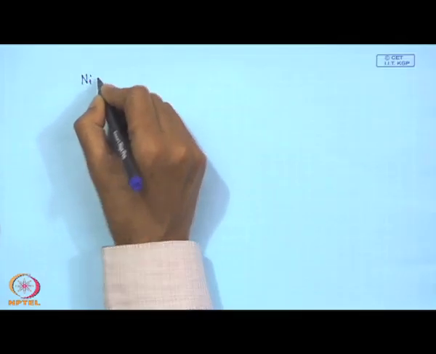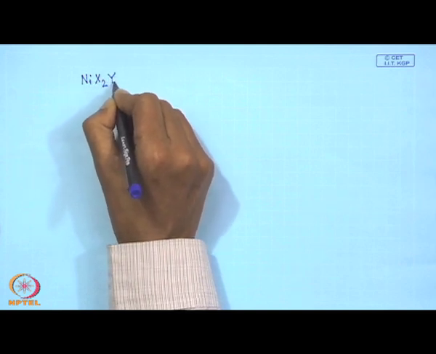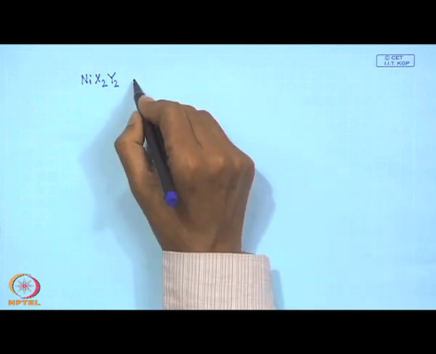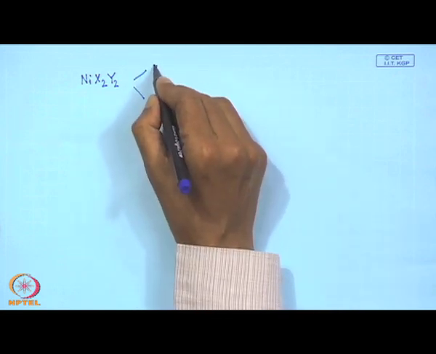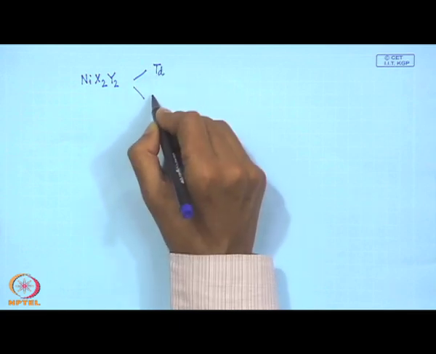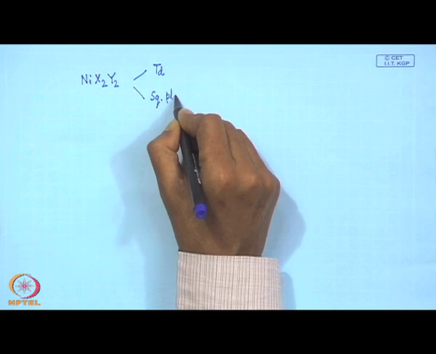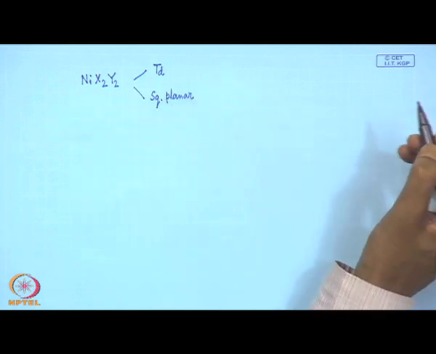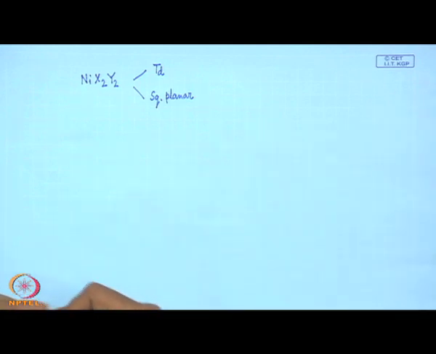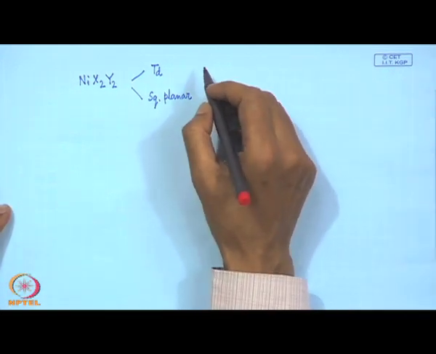So, if we have an arrangement of NiX2Y2, we can have a tetrahedral geometry or we can have a square planar geometry. This tetrahedral and square planar geometry we can understand when we study in detail the corresponding electronic configurations.